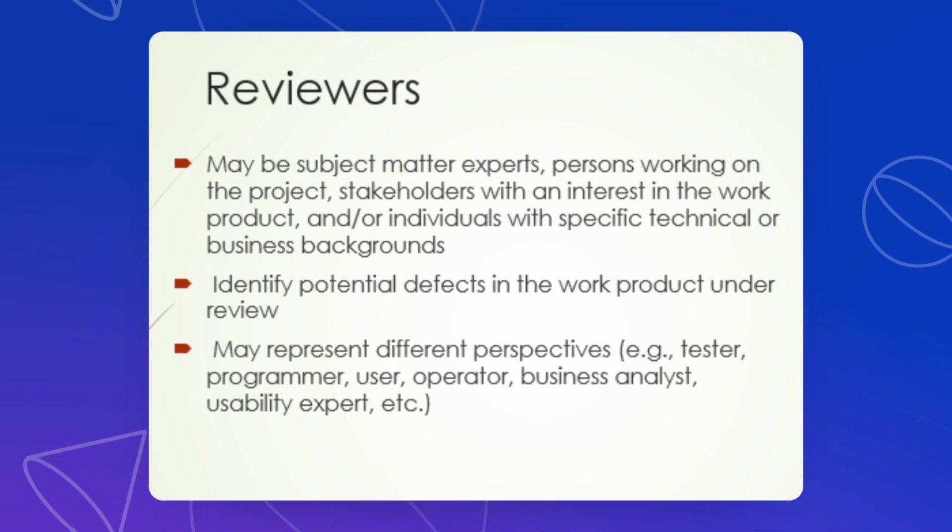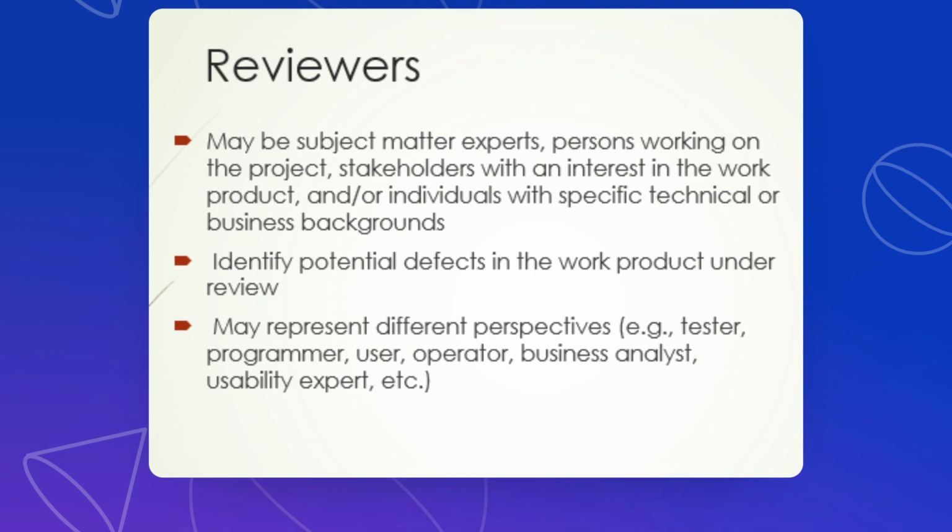Reviewers may be subject matter experts, persons working on the project, stakeholders with an interest in the work product, or individuals with specific technical or business backgrounds. Reviewers identify potential defects in the work product, and they may represent different perspectives: testers have a different perspective, programmers have a different one, users, operators, business analysts, usability experts and so on.